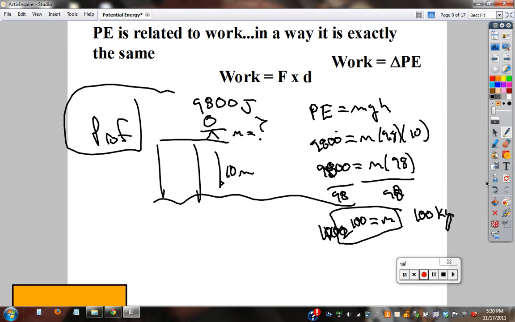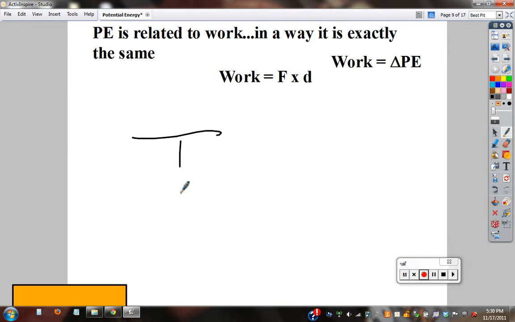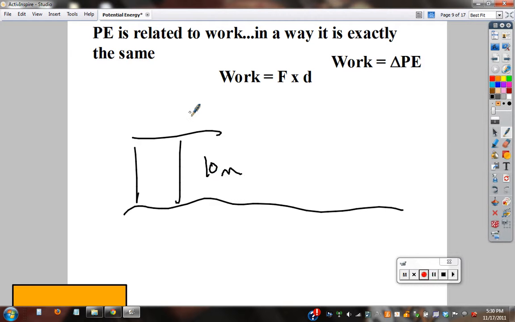Let's do the same problem. Same scenario. 10 meters, 2,000 joules. Find the mass of this person. Pause the video, try to solve it. Here's the answer. Your height is 10.